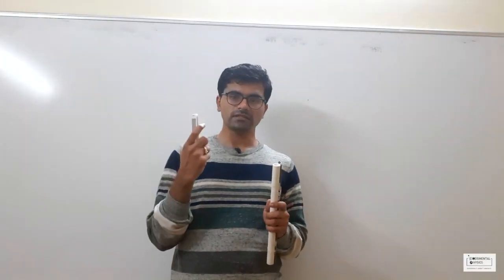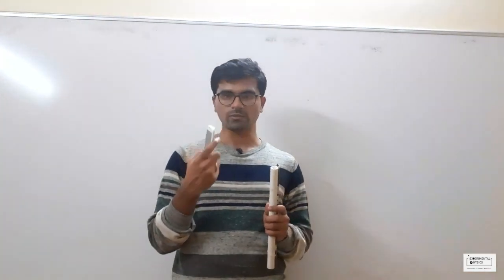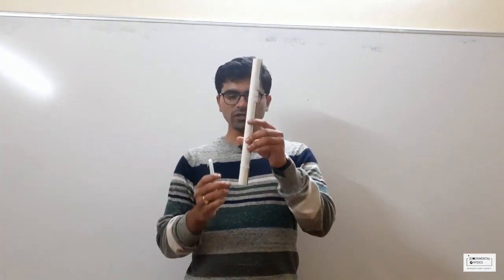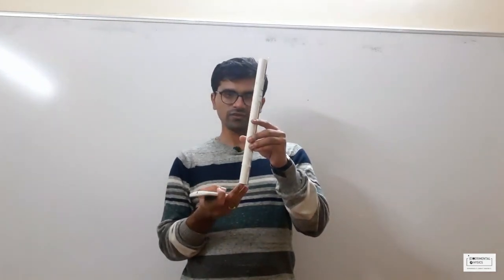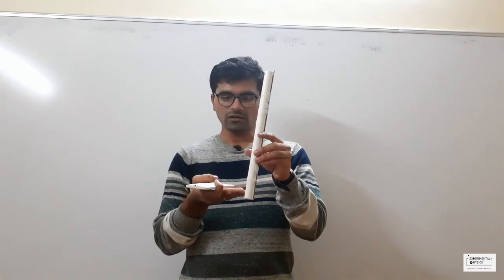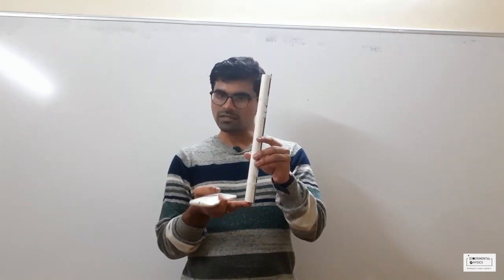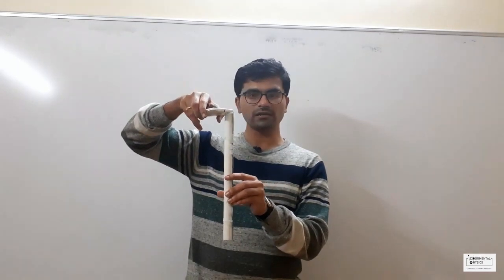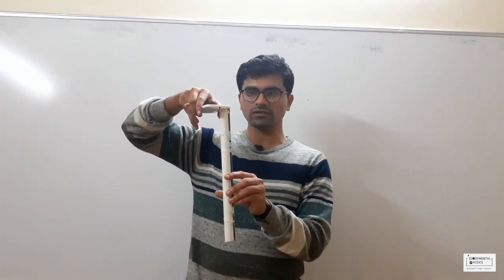I have a frequency generator app on this mobile and a bucket full of water. I'm going to place the lower end of the pipe into the bucket such that water perfectly closes this end, and place the mobile on the other end of the pipe.